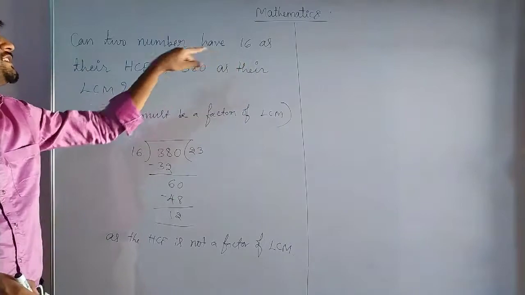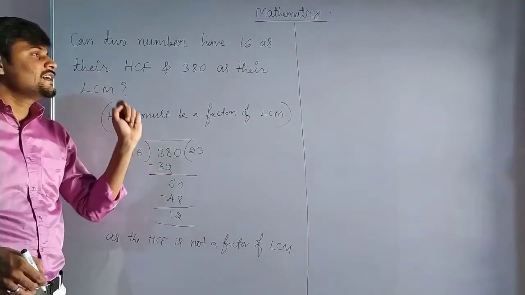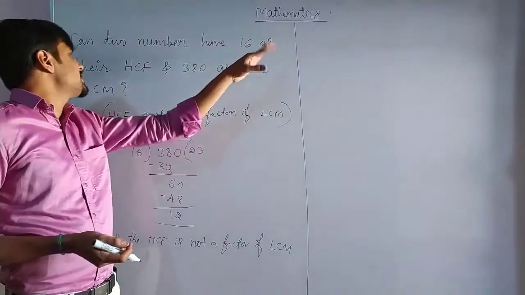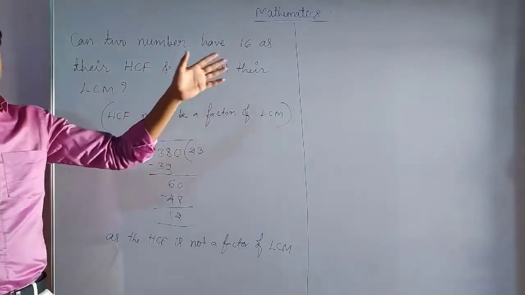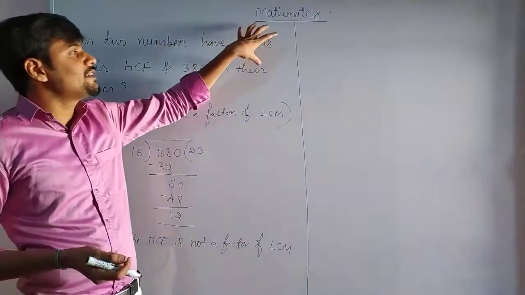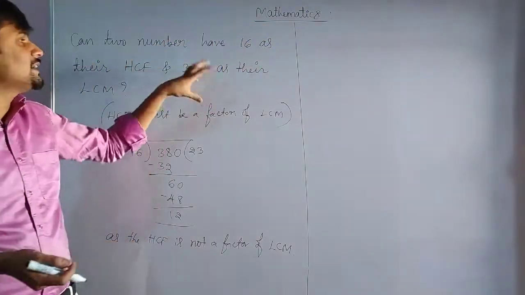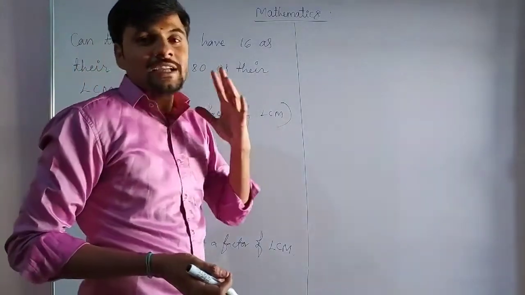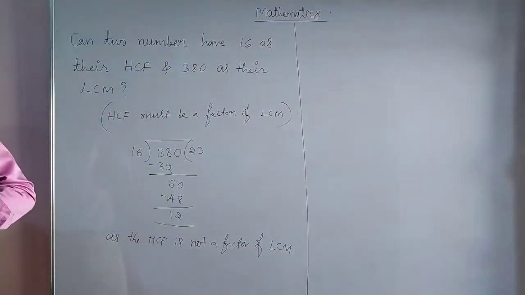That means 16 is not a factor of 380. So no, two numbers cannot have 16 as their HCF and 380 as their LCM. Understood? If the given numbers are an HCF and LCM, the condition is that the HCF must be a factor of the LCM.